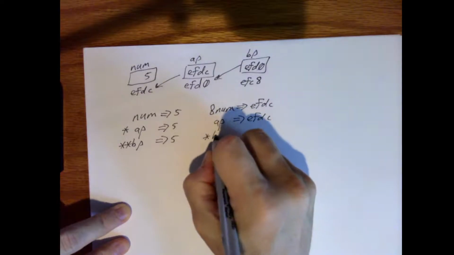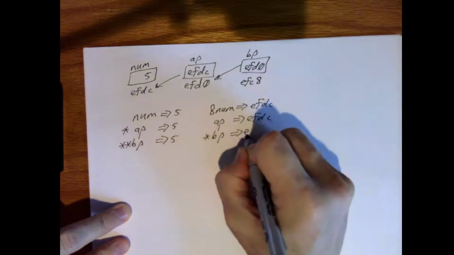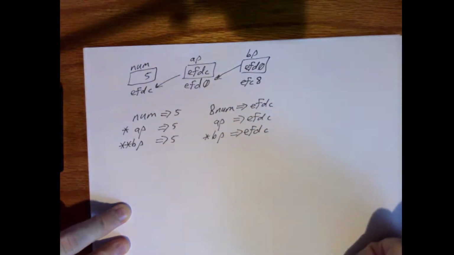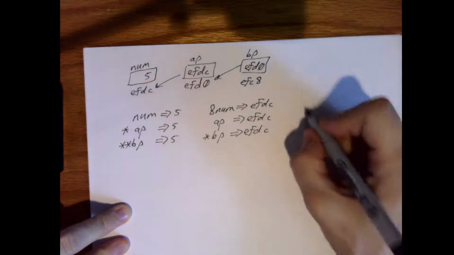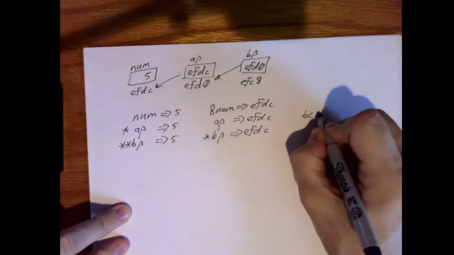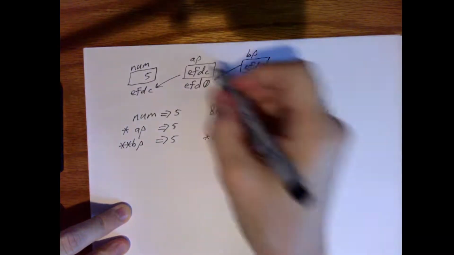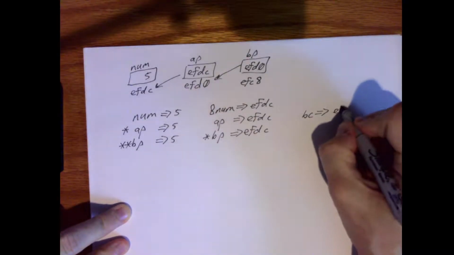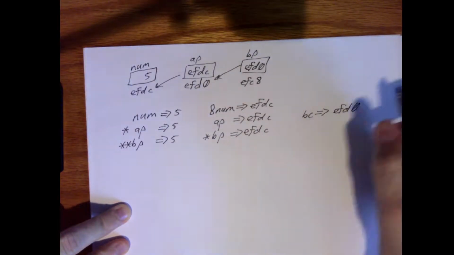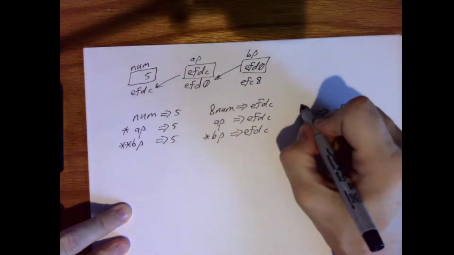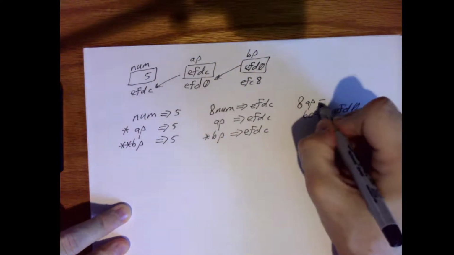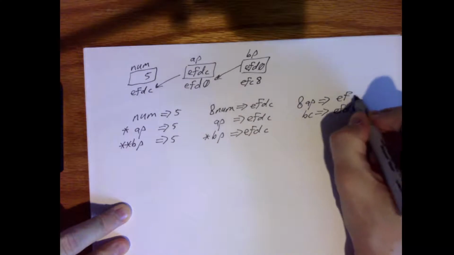So this was this. BP contains the address of AP, so I get EFD0 here. And to get that address of AP, I can write ampersand AP. Get EFD0.